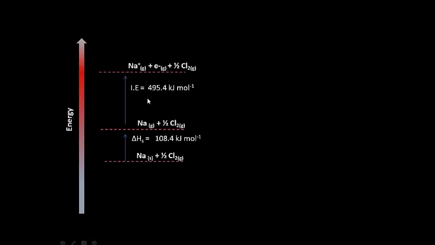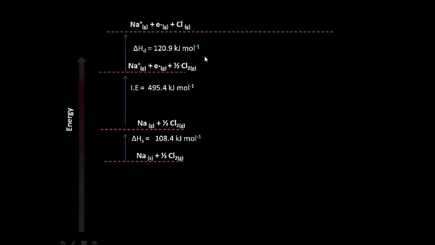Here also the energy needs to be supplied to the system, as an electron needs to be removed from the valence shell. Now we need to dissociate the chlorine molecule to chlorine atoms.